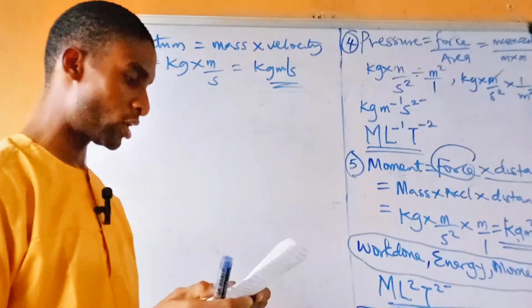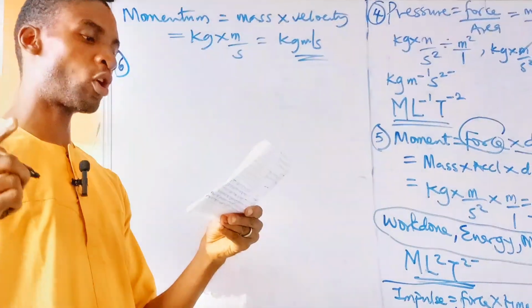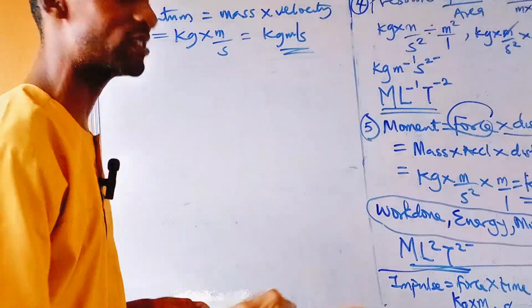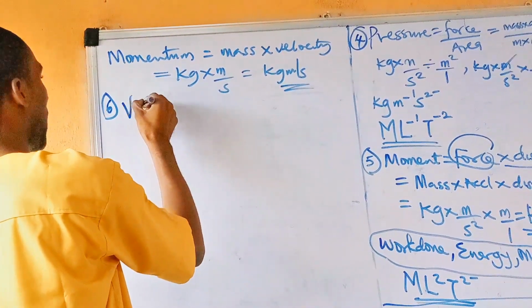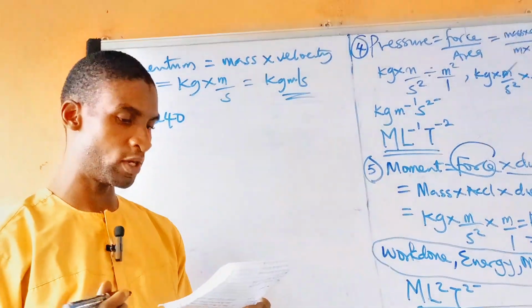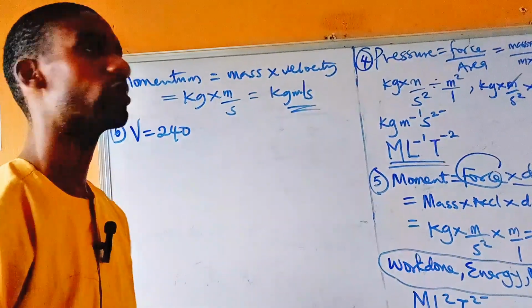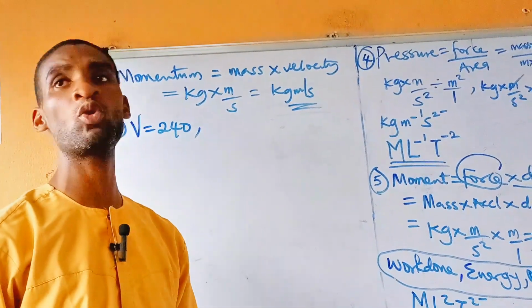The next question, which is number 6, says, an electric kettle connected to a 240 volt mains. That means our voltage, V, is 240, or our potential difference, as the case may be, produces 6.0 times 10^5 joules.